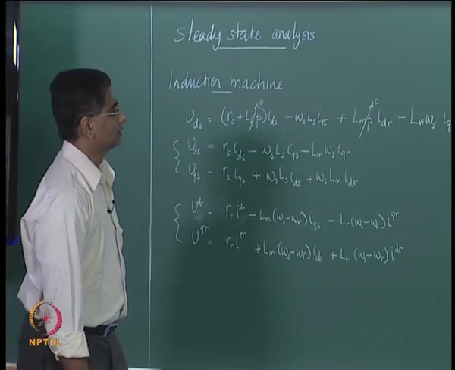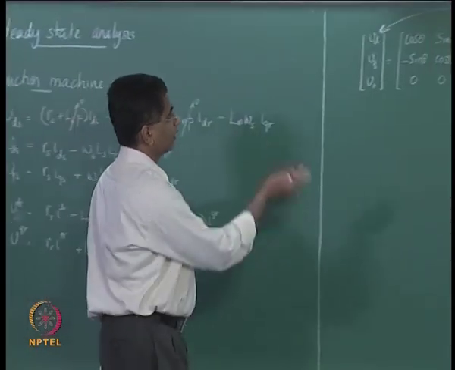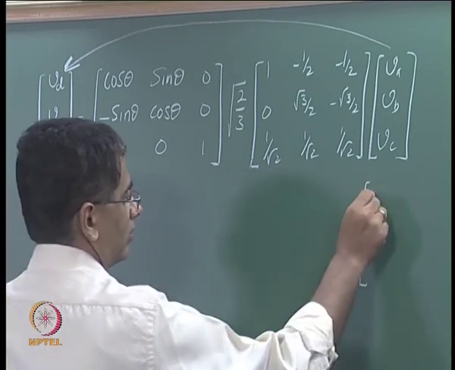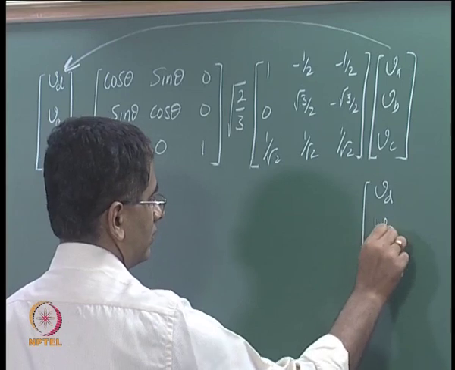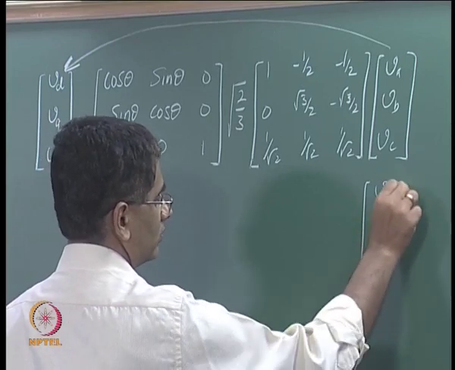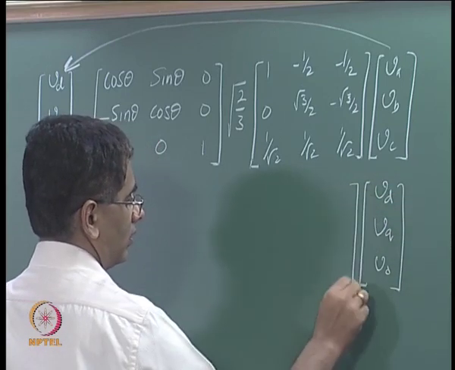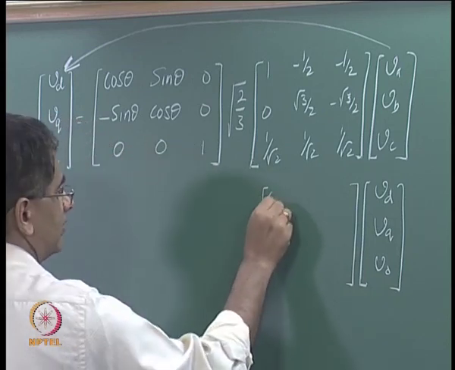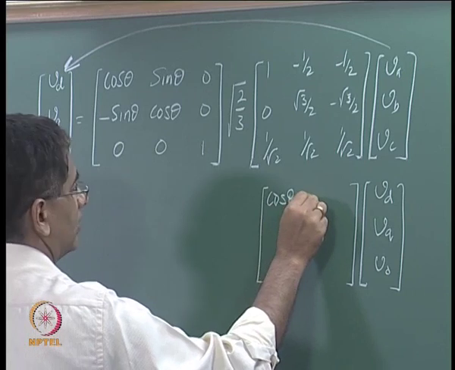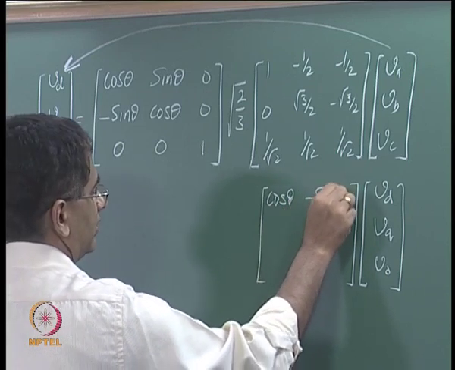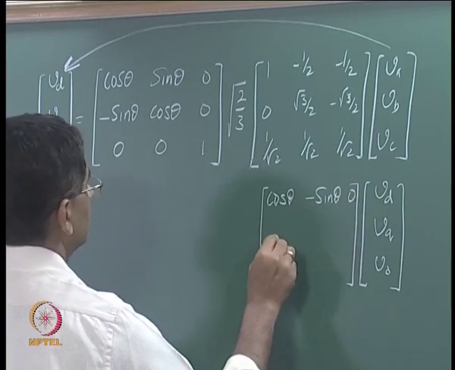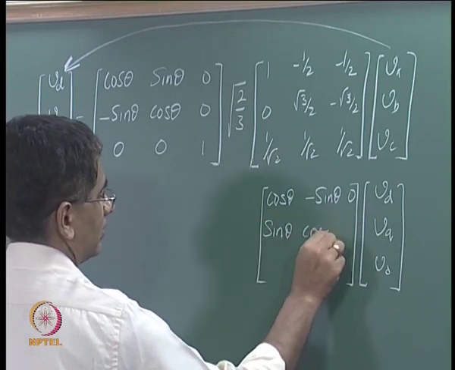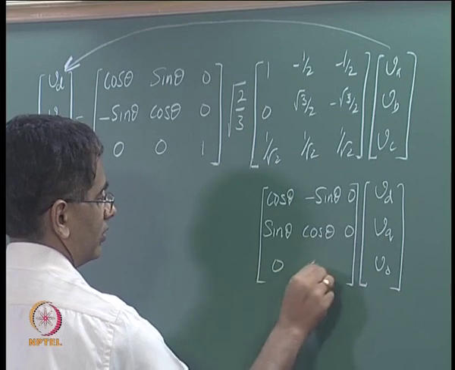So if you want to do the inverse, what you do is take Vd, Vq and V0 and pre-multiply by the inverse of this matrix, that is [cos theta, minus sin theta, 0; sin theta, cos theta, 0; 0, 0, 1].